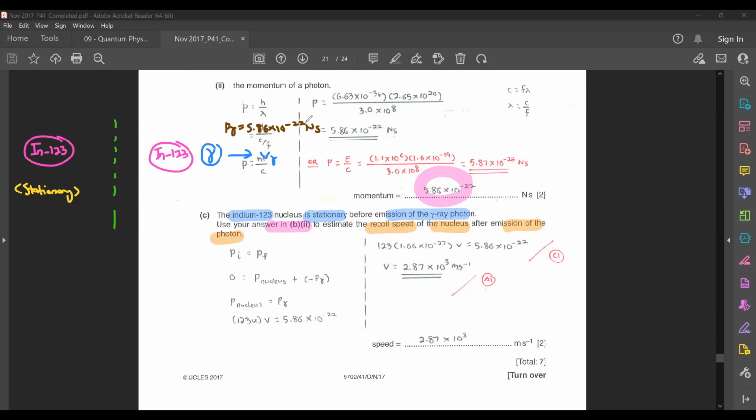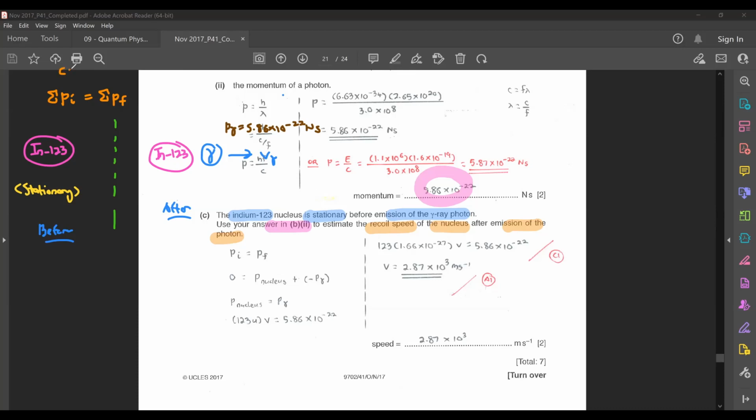Okay, so you have a before and after case here, and you have momentum involved. So you would have to think about conservation of momentum here. So right now, this is the before case. This is the after case. So you try to apply conservation of momentum here. Conservation of momentum tells you that the sum of your initial momentum should be the same as the sum of your final momentum.